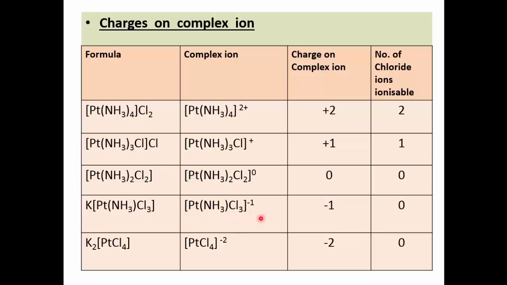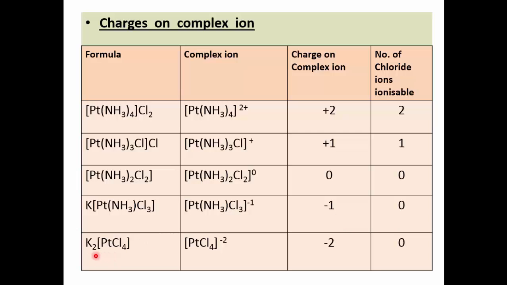So this is the complex ion we have just discussed. This is the minus 1 charge on this complex ion. The 1 ammonia and 3 chloride ions act as secondary valencies, while outside the square bracket there is no chloride ion, therefore 0 primary valency, 0 ionizable chloride ion. And this is the charge on this complex ion.